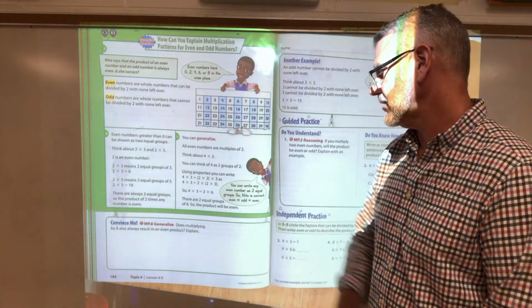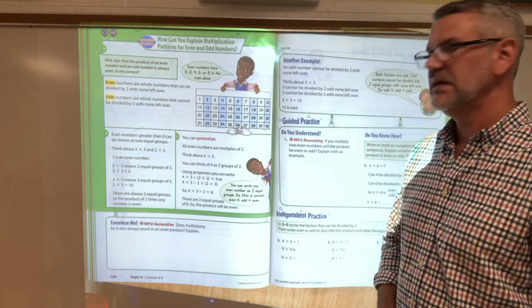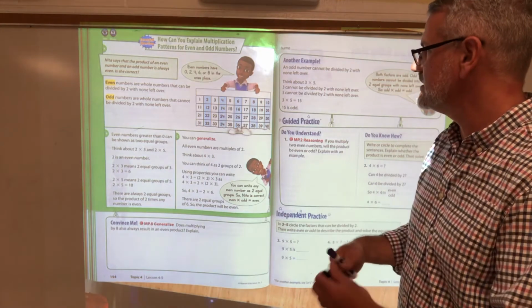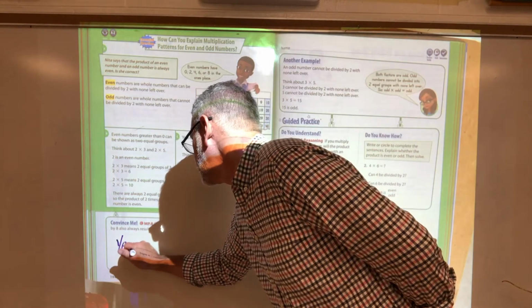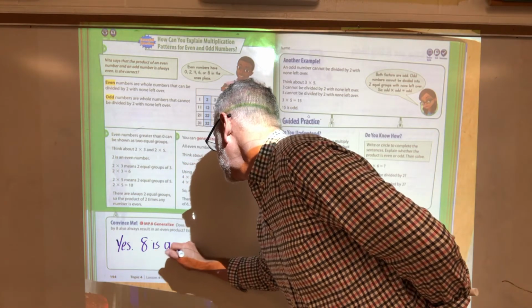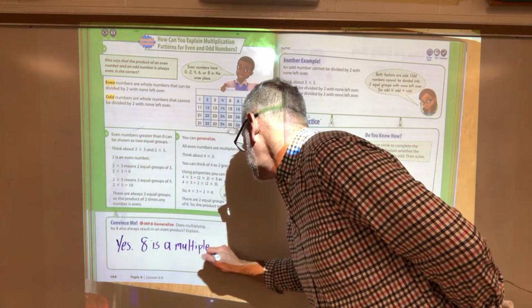Let's look down here. Does multiplying by 8 also always result in an even product? The answer again is yes, because 8 is a multiple of 2.